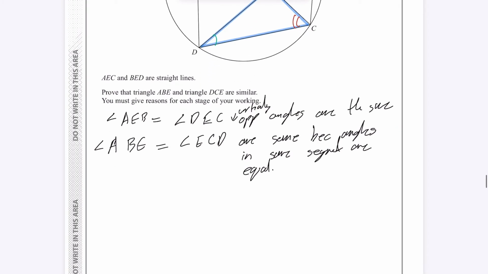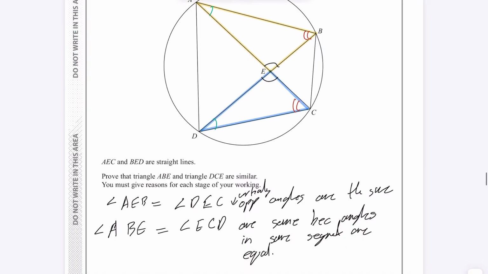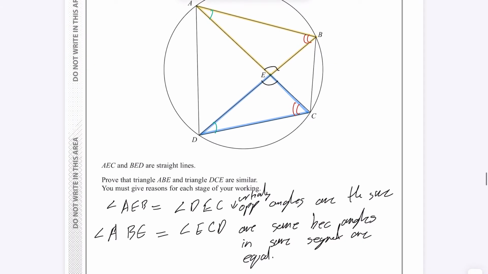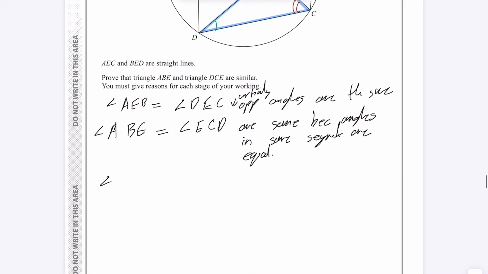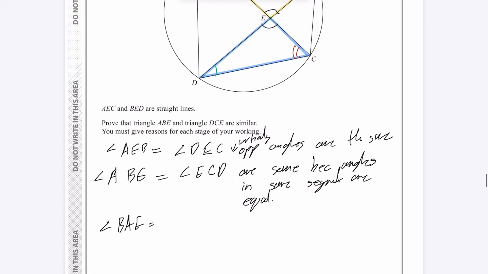The next one is the exact same reasoning for the other one, so we've now got BAE is equal to EDC, and again, you could just write that exact same reason there.